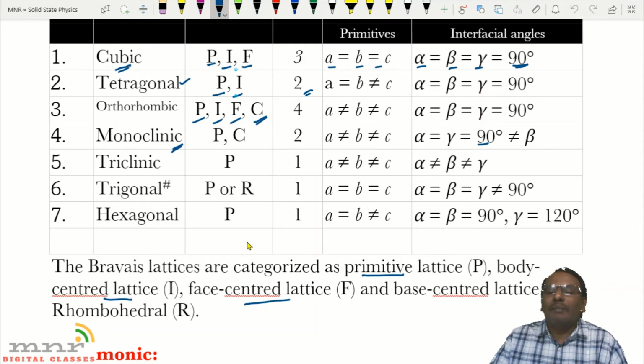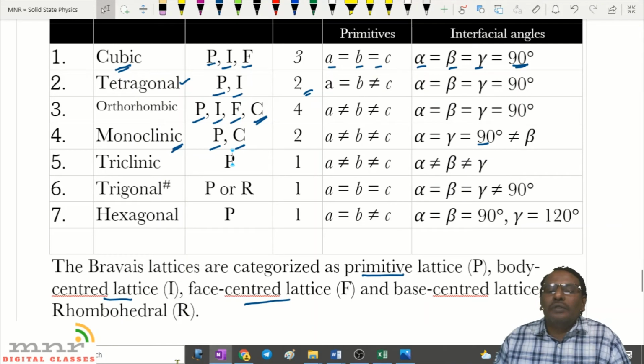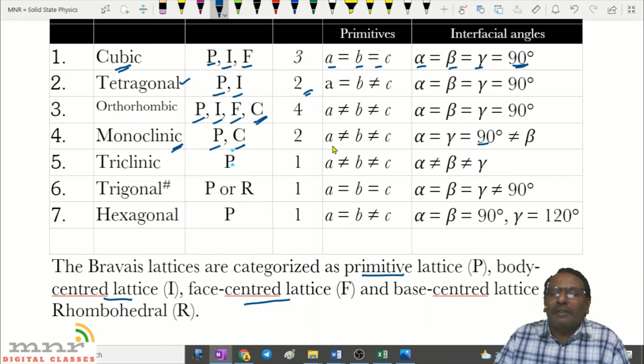One is the primitive lattice, where the lattice points are occupied by atoms only at the corners, and the other is the base centered, where the top and bottom surfaces are also occupied with lattice points. So we have two possible Bravais lattices for the monoclinic crystal system.